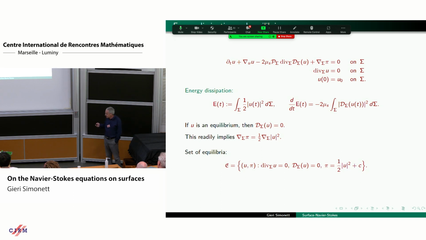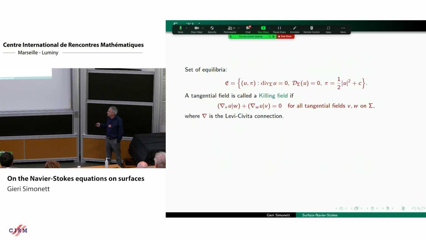So now this would characterize the equilibria, and the big question is whether that is an interesting situation. What are the equilibria? It turns out that people in Riemannian geometry have been dealing with this situation where the deformation tensor vanishes, and there is a name for those tangential fields which satisfy it. The name is Killing field, and you should pay attention: Killing is capitalized, so it's a name and not something else.